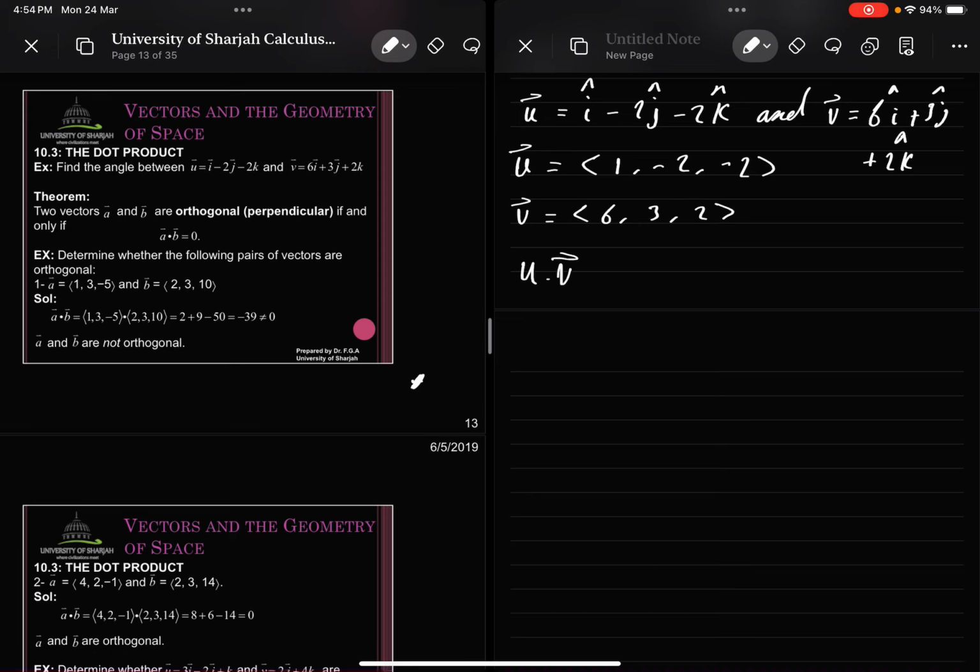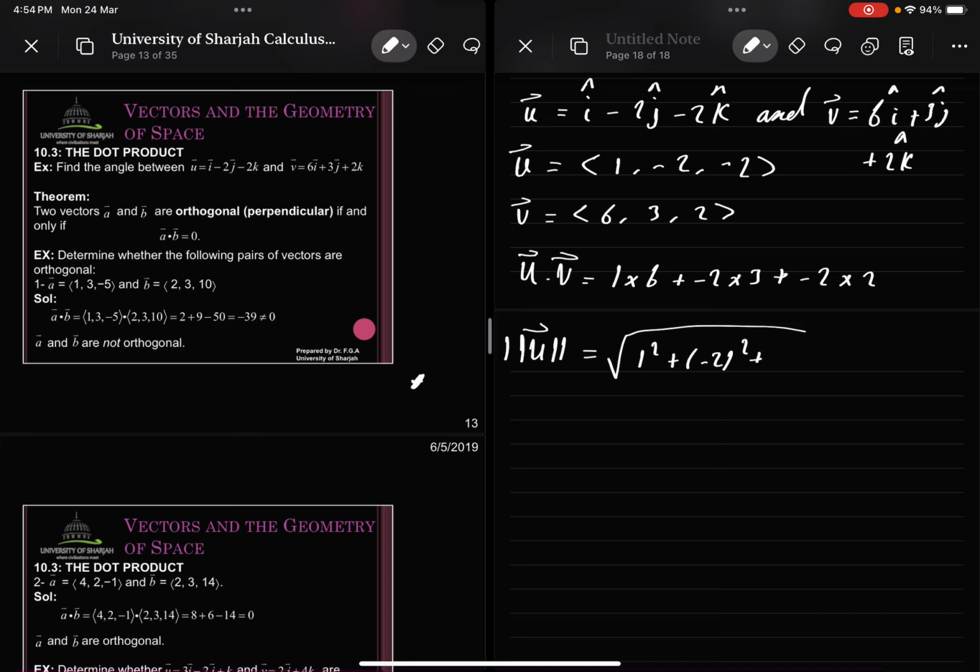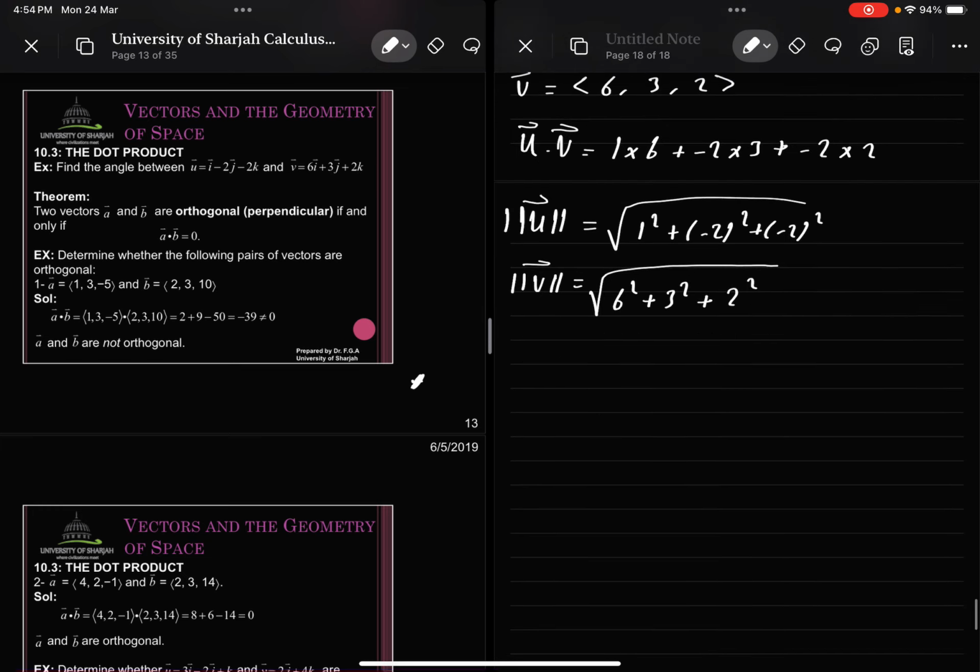Find U dot V first, which is 1 times 6 plus negative 2 times 3 plus negative 2 times 2. Magnitude of U, which is 1 squared plus negative 2 squared plus negative 2 squared, and V, which is 6 squared plus 3 squared plus 2 squared.